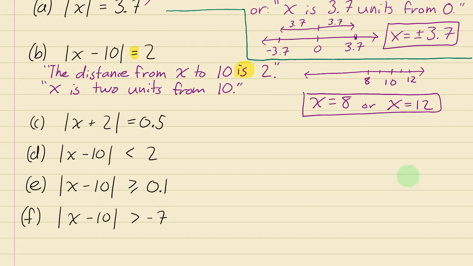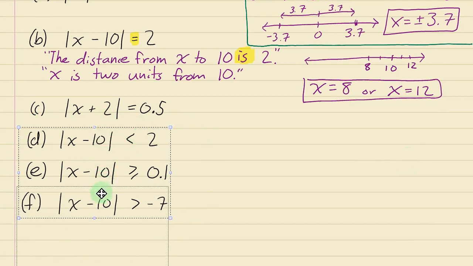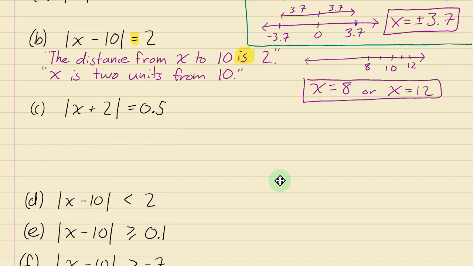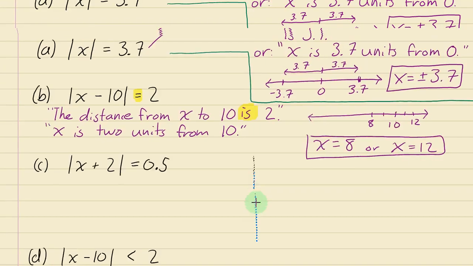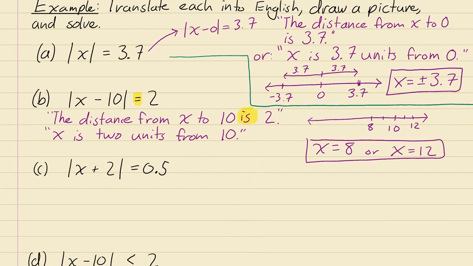Let's look at C. I'm going to make a little bit of room here. So this is not written as x minus 2. If it was x minus 2, it would be the distance from x to 2, because it really has to be minus here for this to work. So how could we write this as x minus something?